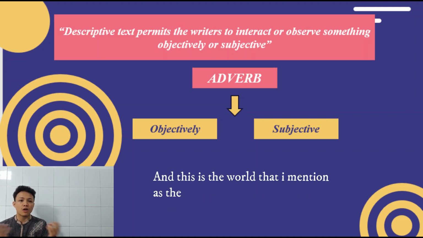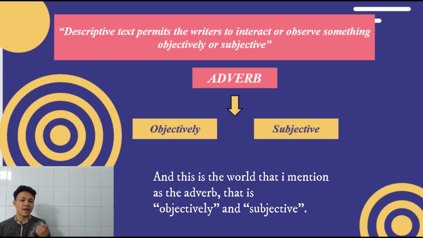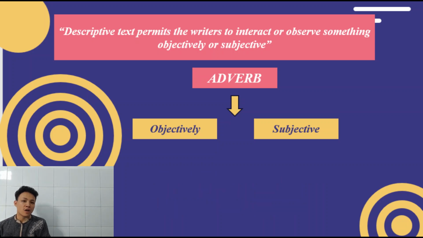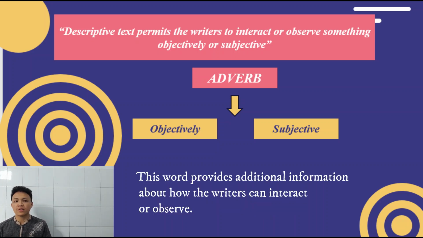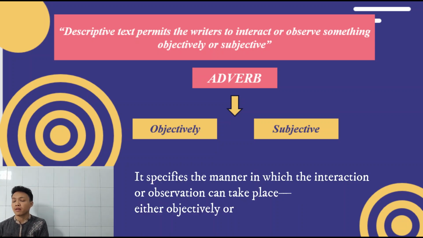And these are the words that I mentioned as the adverb, that is objectively and subjectively. These words provide additional information about how the writers can interact or observe. They specify the manner in which the interaction or observation can take place, either objectively or subjectively.